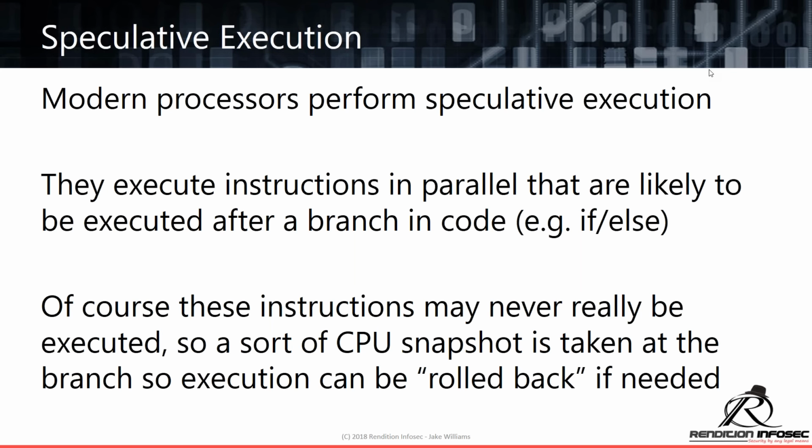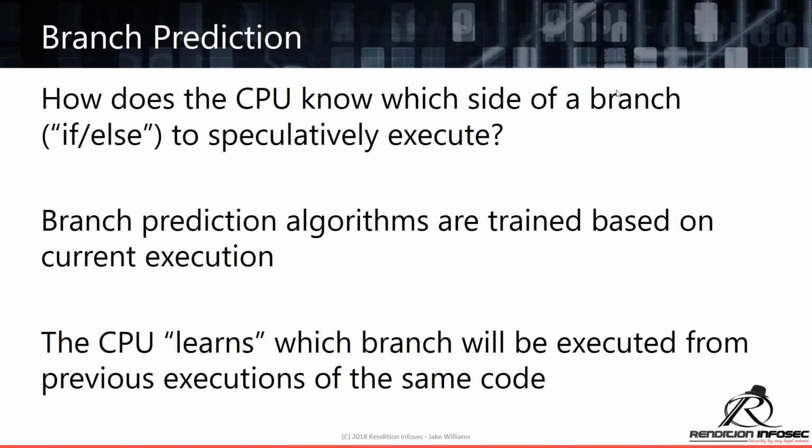The CPU actually takes a snapshot of registers, believe it or not, stores them in a special cache at the branch, and begins executing additional instructions. If we don't ever really execute these, it rolls back to the point of the branch. Now, most of the time, it guesses the branch correctly, but if it doesn't, no problem, we'll just roll back. Speaking of guessing the branch correctly, how does the CPU know which side of the if-else to go execute?